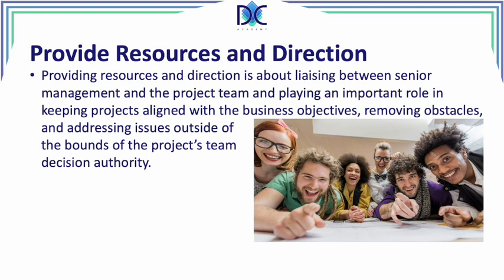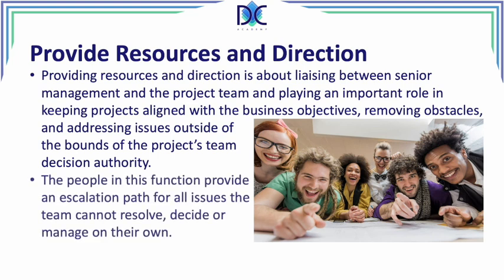The people in this function provide an escalation path for all issues the team cannot resolve, decide, or manage on their own. It helps the team to say, hey, we have a problem here, but this is not something which is in our sphere of decision making.